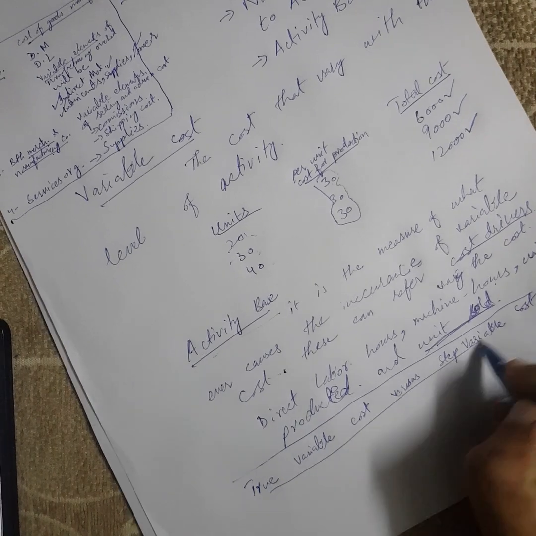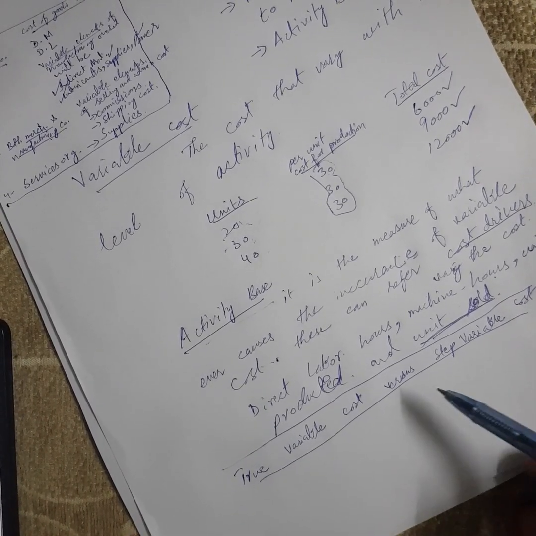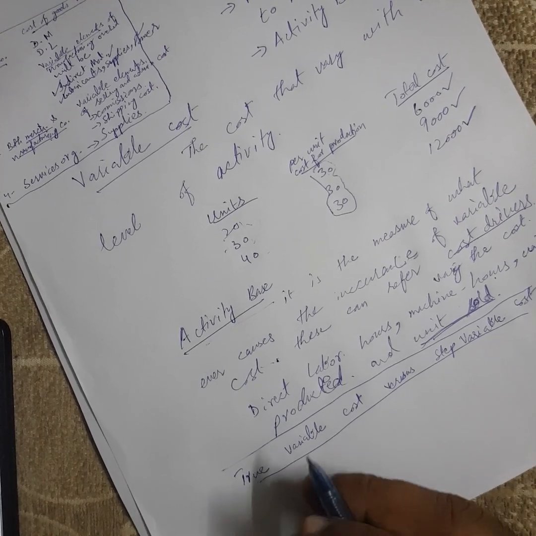How can we differentiate true variable cost versus step variable cost?